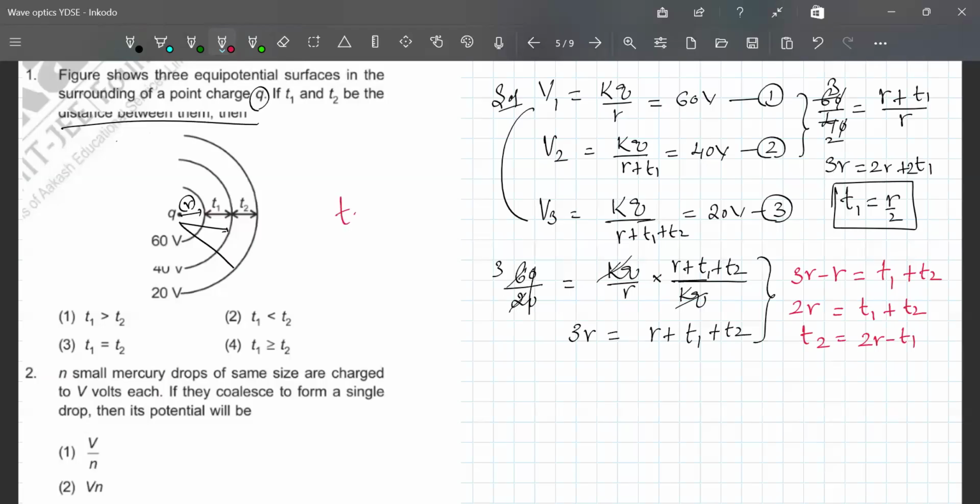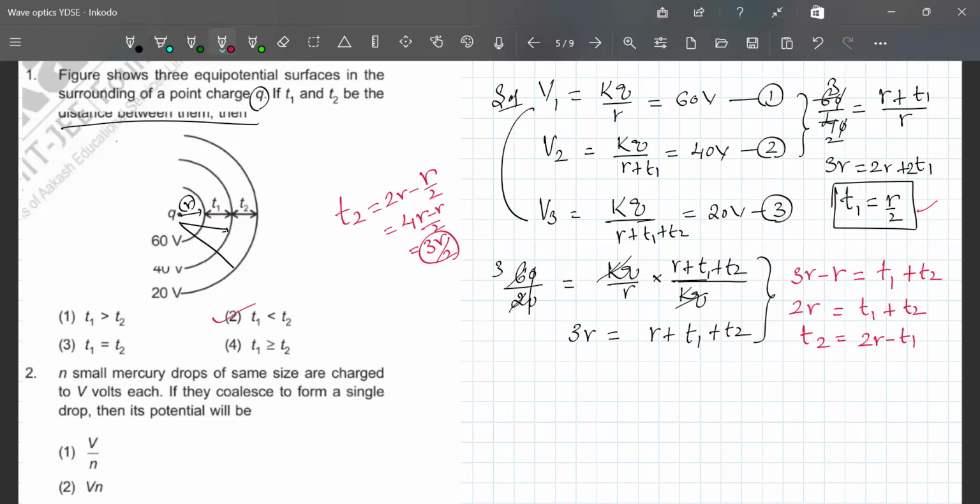So we can write t2 equals how much? t2 equals 2r minus r by 2. This is 4r minus r by 2. It becomes 3r by 2. So t1 is r by 2, t2 is 3r by 2. So the answer is t1 is less than t2. Okay.